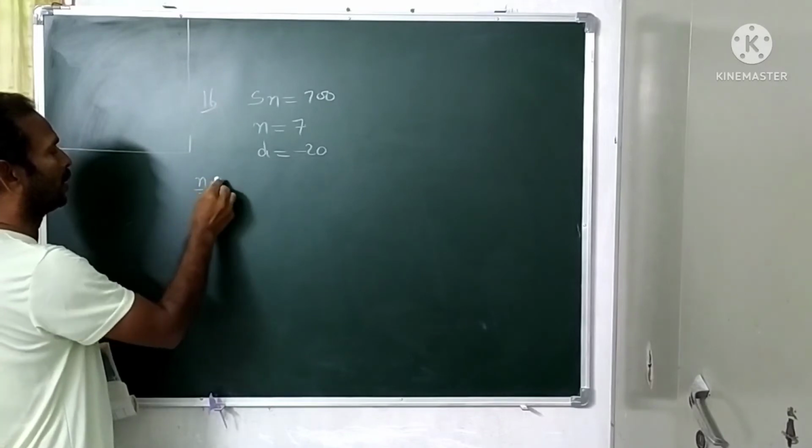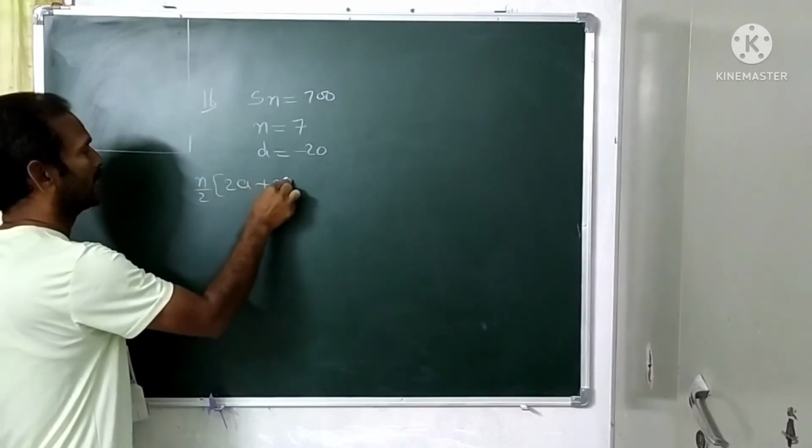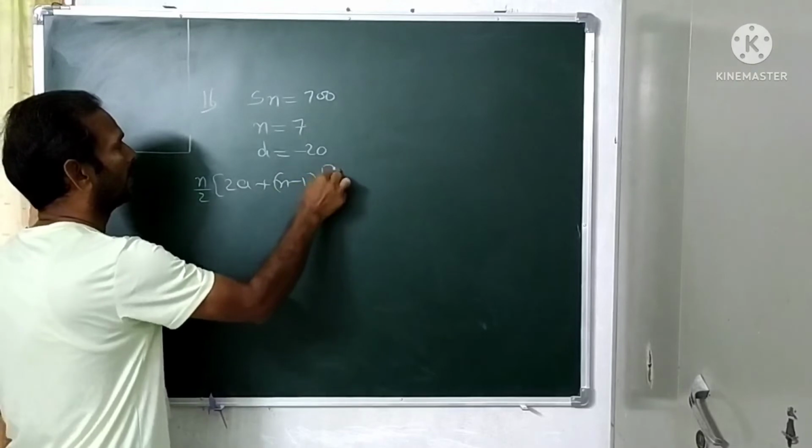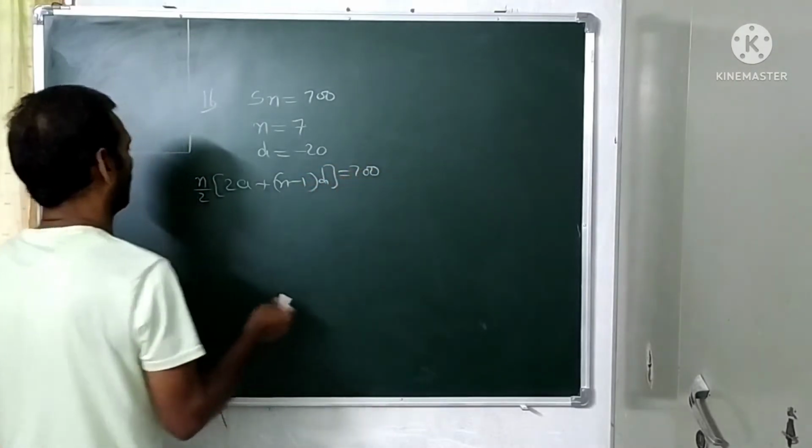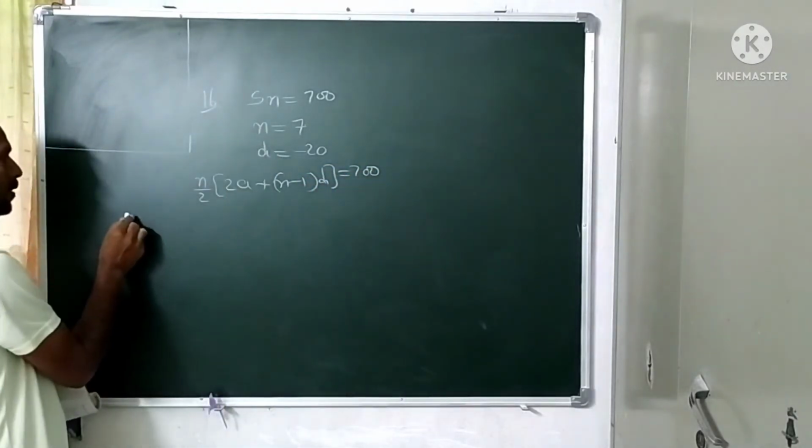So same Sn formula: n by 2 into (2a plus (n minus 1) into d) is equal to 700. n value is already given, 7.